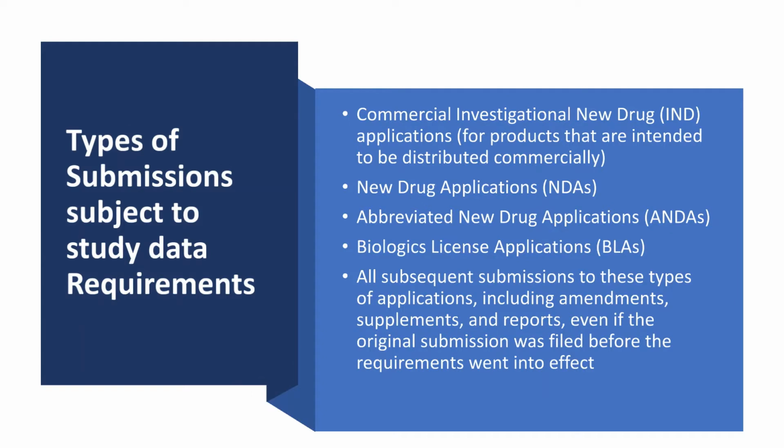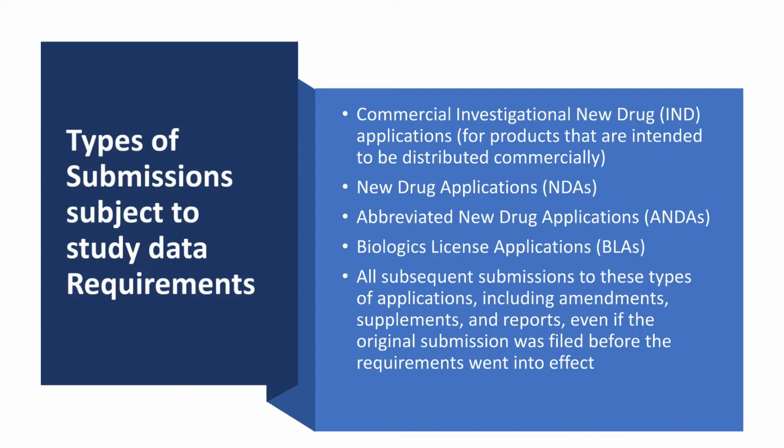Next, we are going to discuss the different sorts of submissions made to the regulatory agencies. In my earlier sessions, I have discussed in detail the IND submissions, the investigational new drug applications. These are for products intended to be distributed commercially, but before that, they need to obtain permission to conduct clinical trials on human beings. Then we go to the regulatory agencies for other types of submissions like the NDA submission.